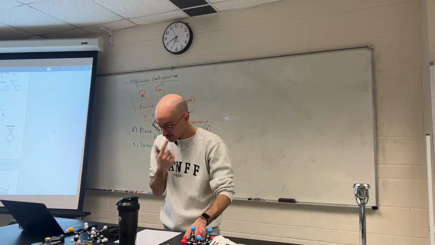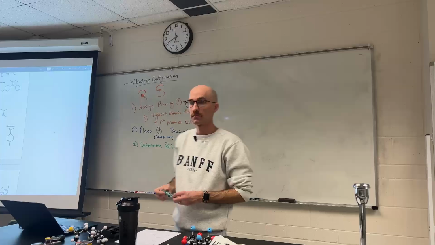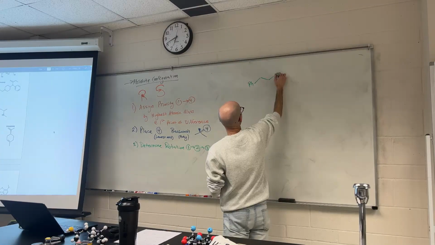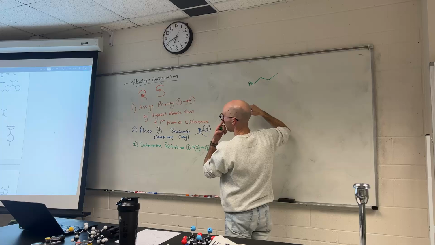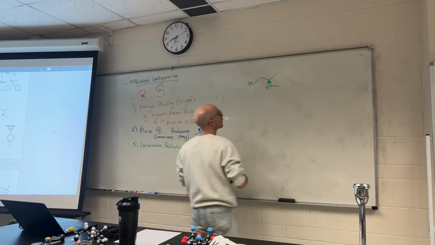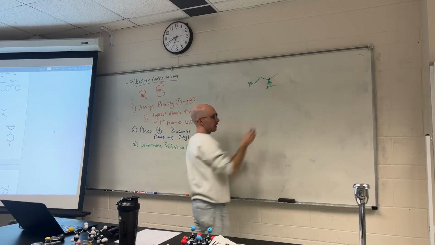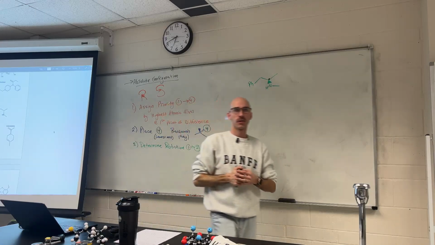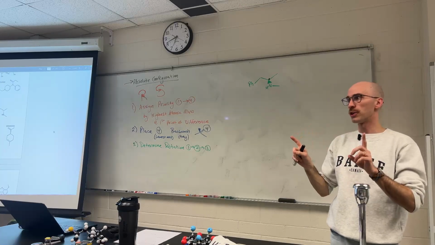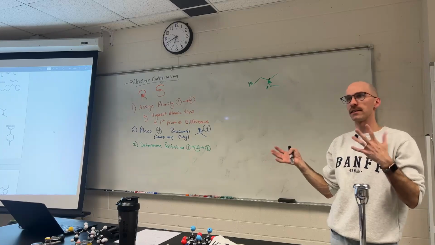Okay, so let's do this for methamphetamine. Let's take the structure on the left. And let's look at the chiral carbon and assign priority 1 to 2 to 3 to 4. Highest and lowest priority are often the easiest to assign.